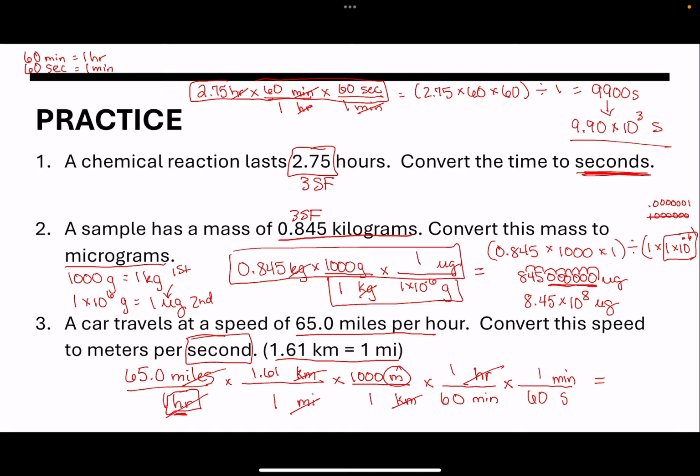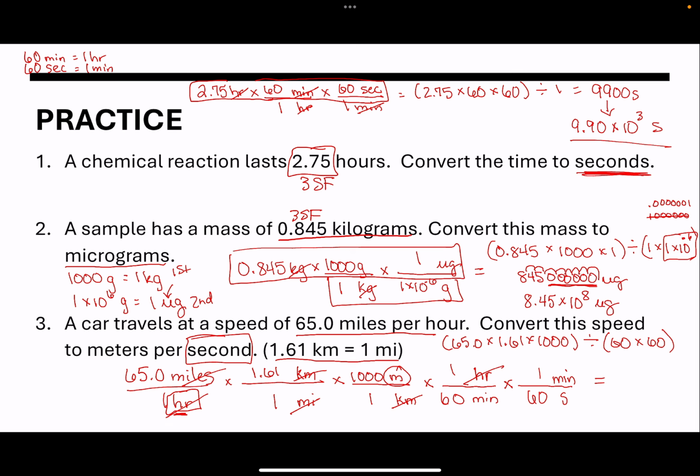Now, this one's a doozy to put in your calculator. You're going to do 65.0 times 1.61 times 1,000 times 1 divided by basically 60 times 60.